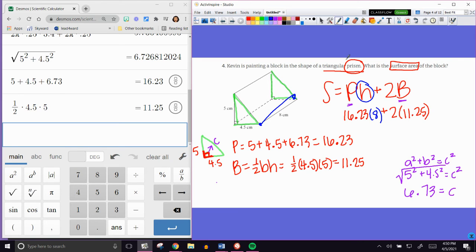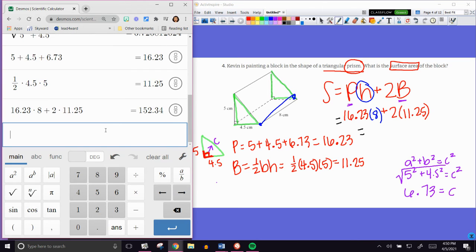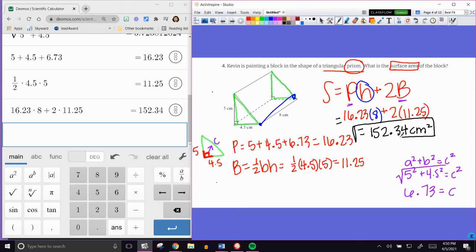So 8 is going to be my h that I plug in. So when I type this into the calculator, 16.23 times 8 plus 2 times 11 25/100, I get 152 34/100 centimeters squared as my answer to number 4.